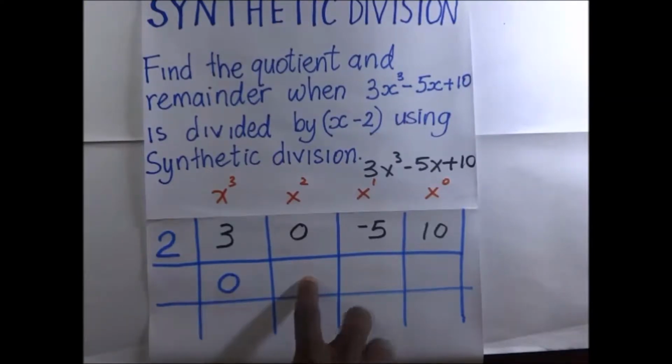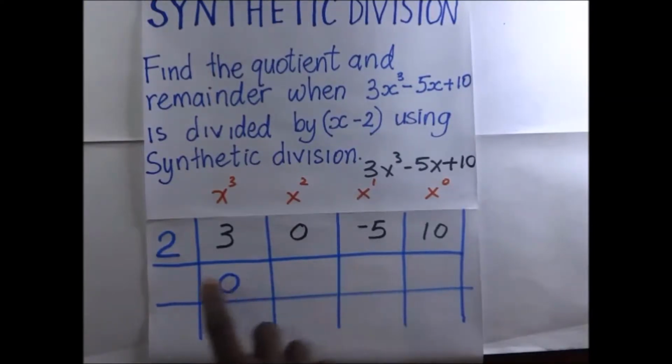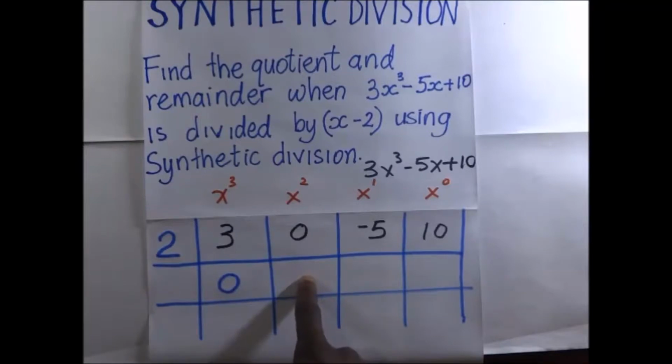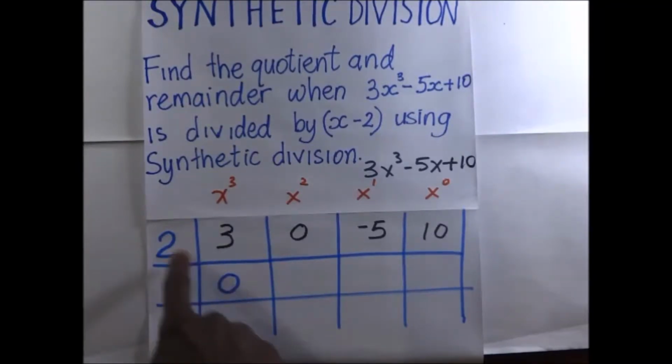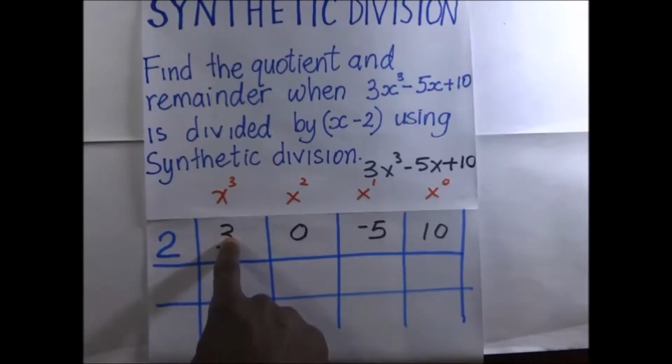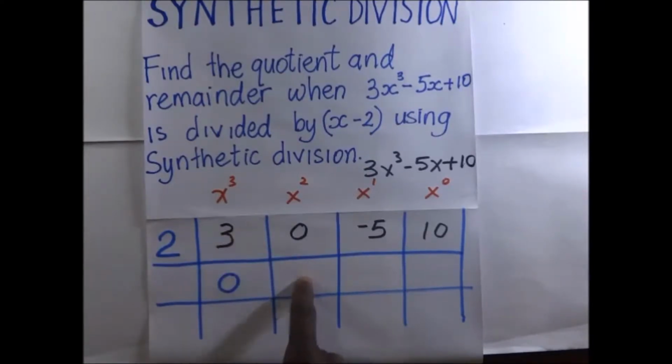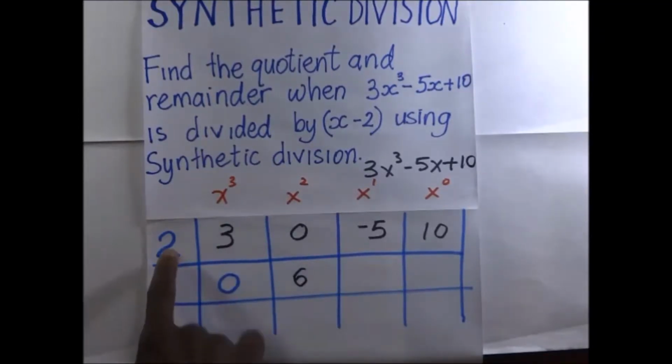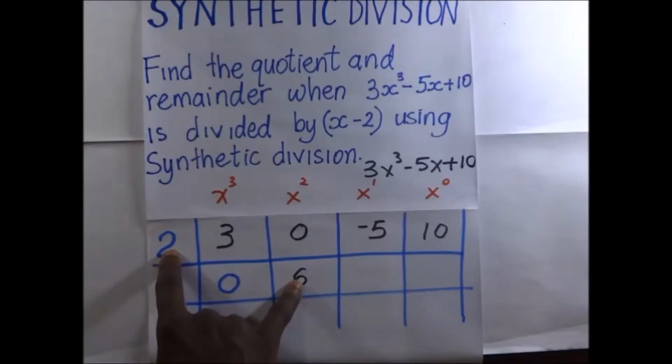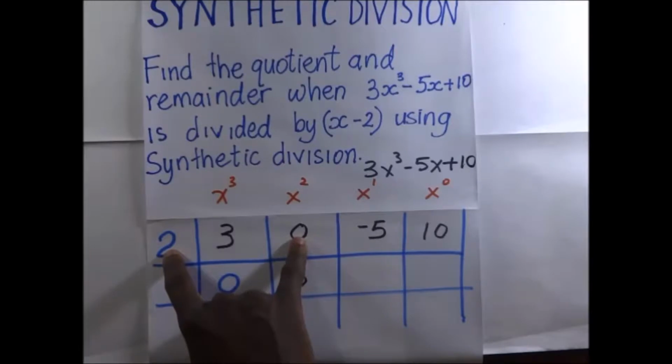So for us to get these remaining gaps, it's going to be this number times that number plus this number times that number to give us that. 2 times 0 is 0 plus 2 times 3 is 6. So it means our answer here is 6. 2 times 6 is 12 plus 2 times 0 is 0.